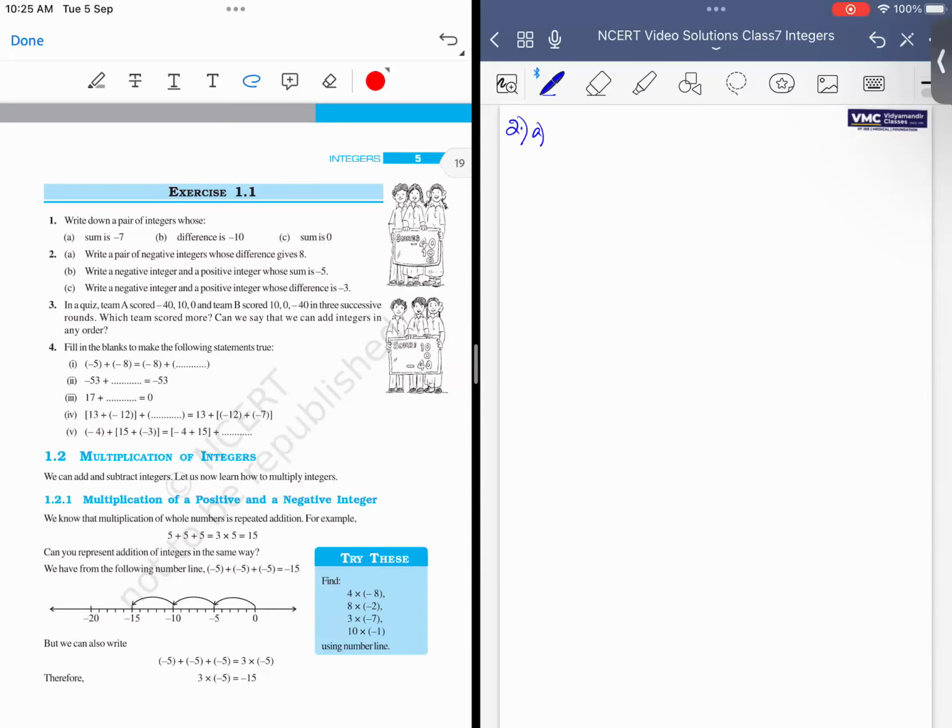Next, question number 2, A part. Write a pair of negative integers whose difference is a positive 8. So obviously one of the integers has to be greater.